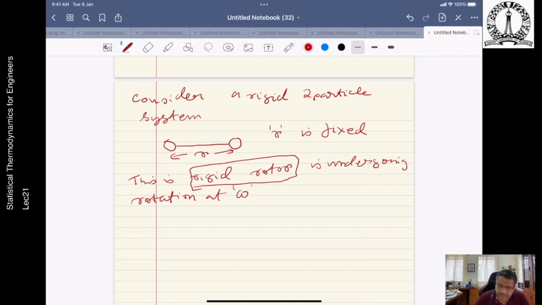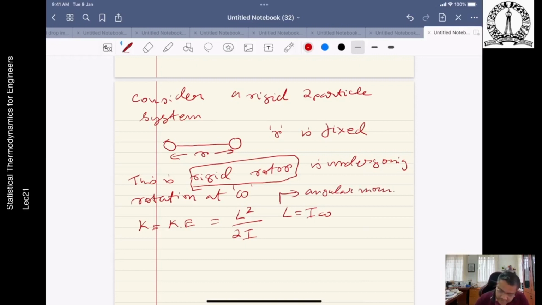So we are still in the rotational analysis, if you recall. K being the kinetic energy is given as L squared by 2I, where L is I omega, and L is the angular momentum.